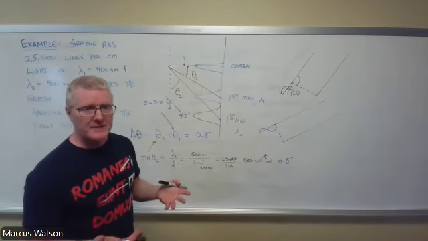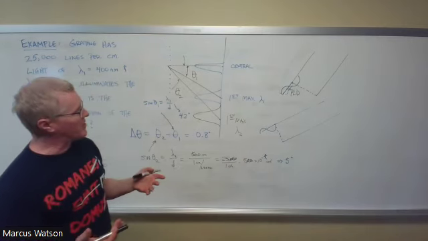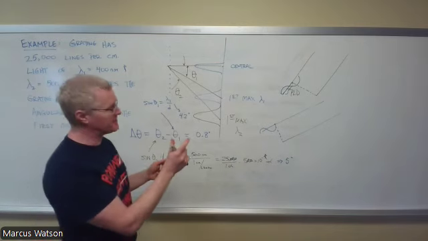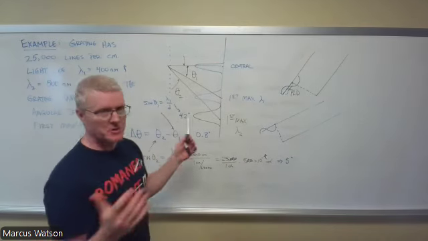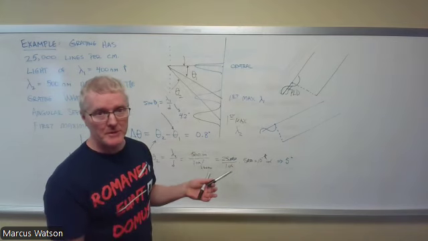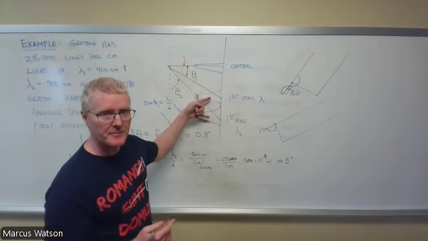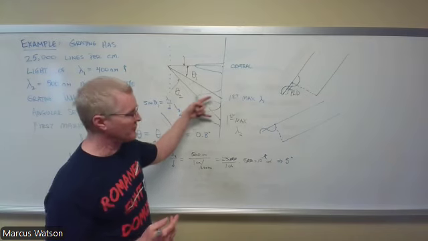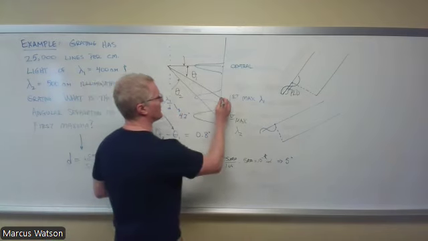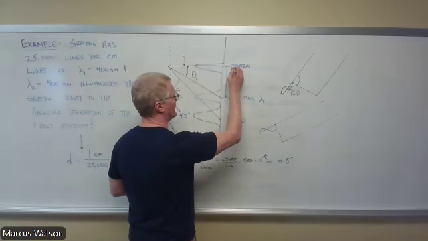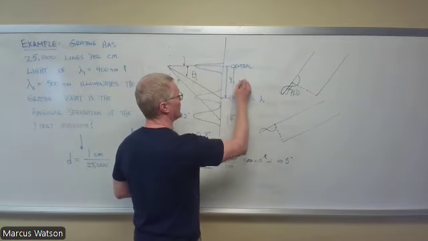So what that means is if I look at it from a situation of how far away on a screen would I be interested in seeing these peaks. If I put my screen maybe 2 meters away, I could determine what is the delta in y from this. So that measured to here as y1, and then that measured to here as y2.